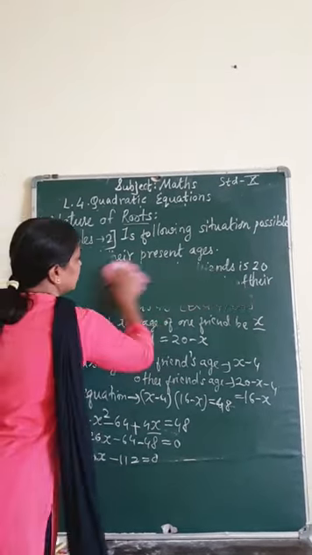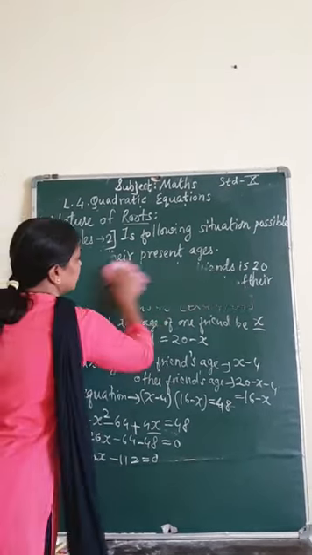Here we have a is equal to minus 1, b is equal to 20 and c is equal to minus 112. Now we have to find the discriminant, b square minus 4ac.